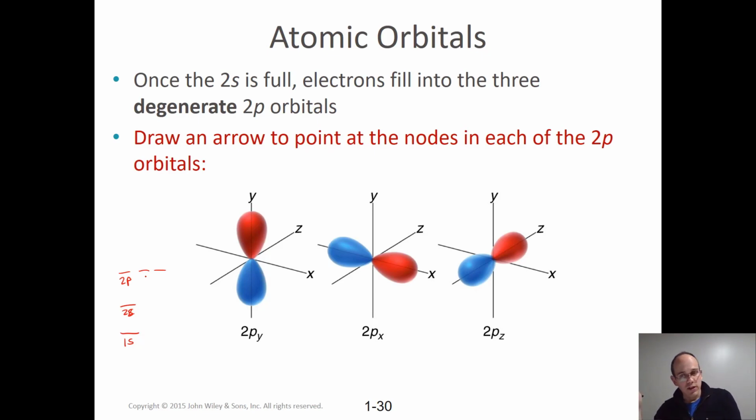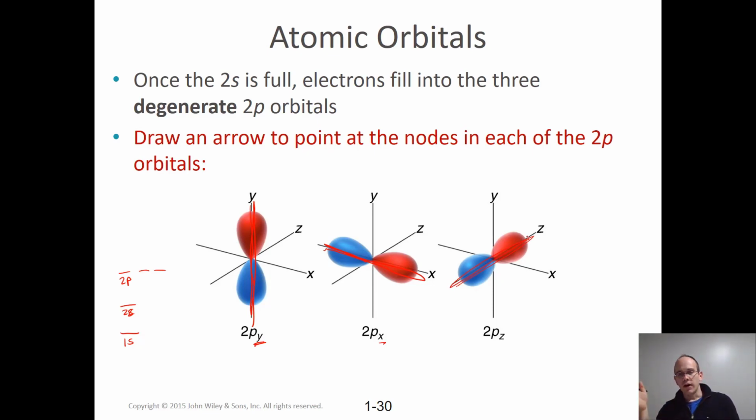So there are three different orientations, just like there are three dimensions in space. The three orientations of the 2p orbitals correspond to those three dimensions in space, x, y, and z. So you can see the 2py orbital is the one where the orbital is aligned on the y-axis. The 2px orbital is aligned on the x-axis, and the 2pz is aligned on the z-axis.